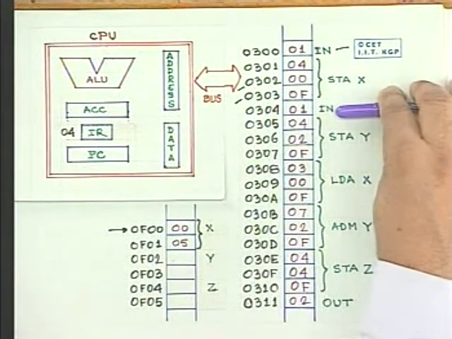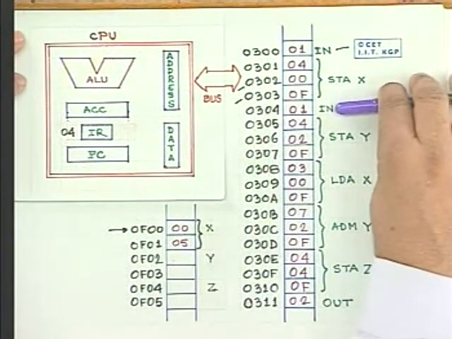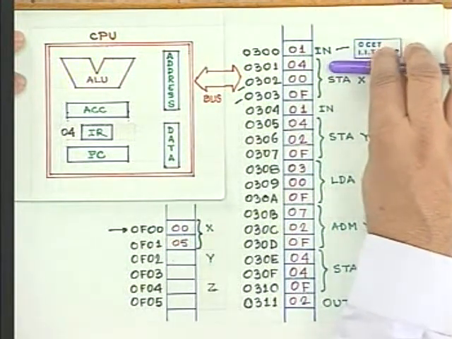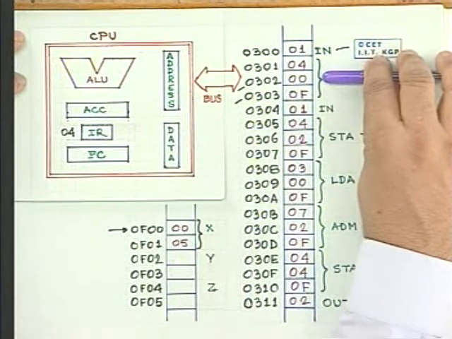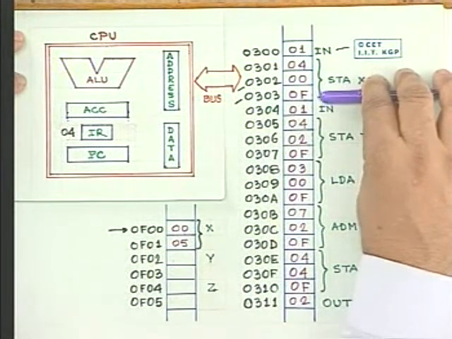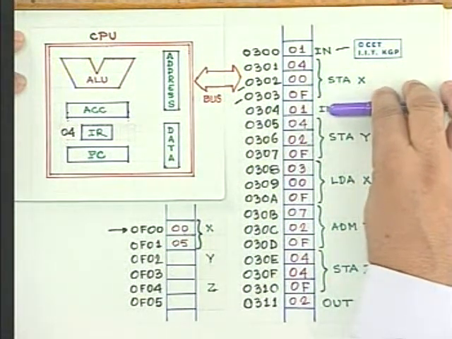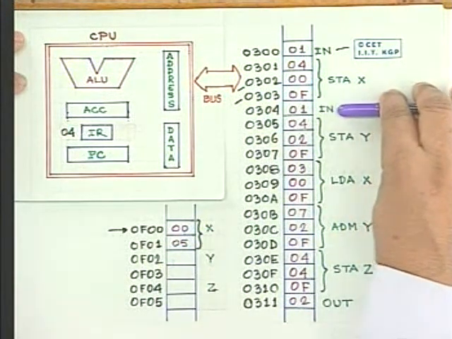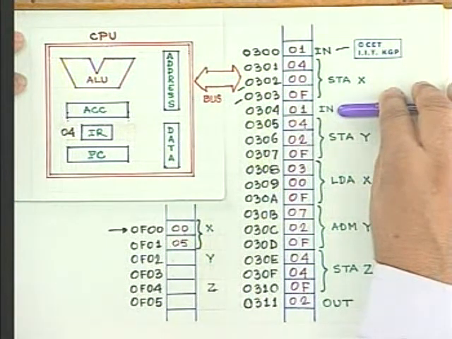Let me just clarify once more that as an instruction is executed, the program counter is automatically incremented 1 byte at a time, so that at the end of execution of an instruction, the program counter points to the next instruction that will be executed.